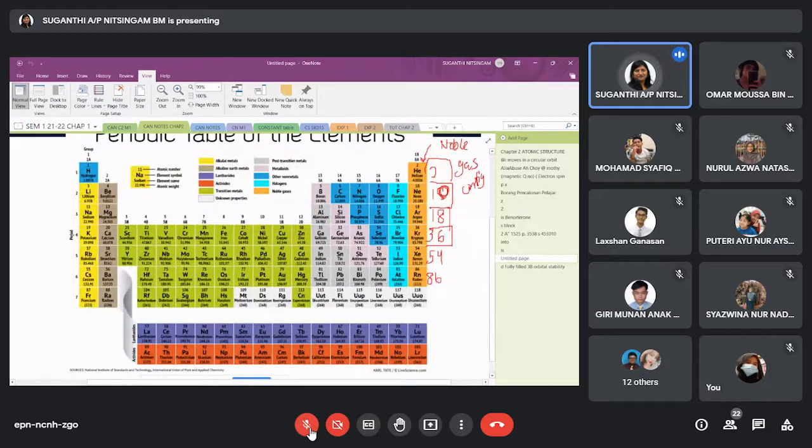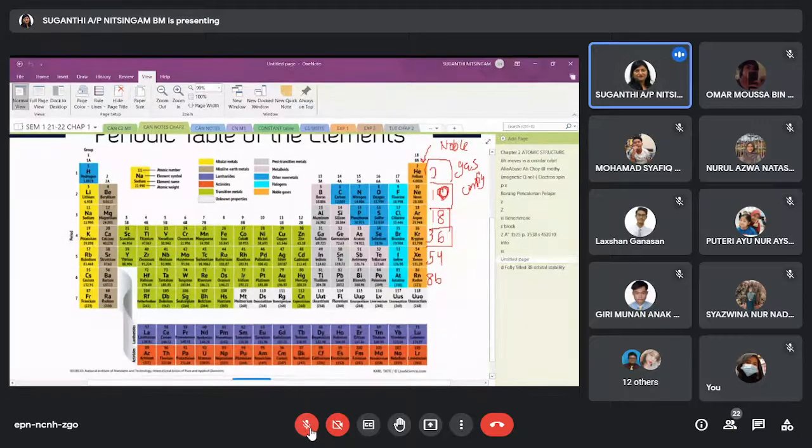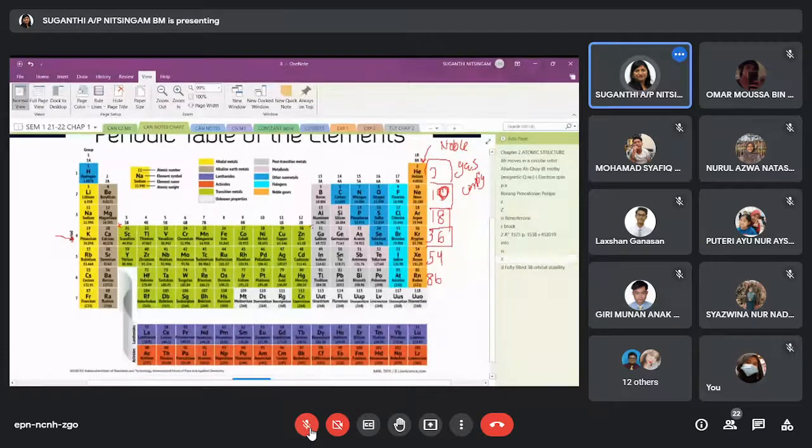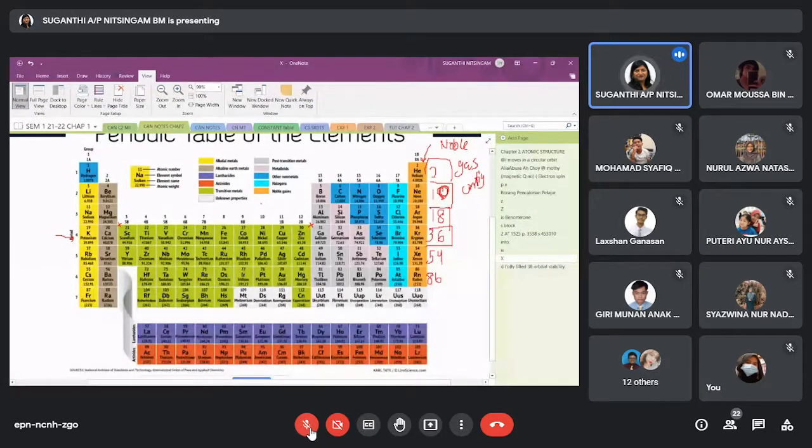Period 4 ni is where the transition metals come in. Ini sehingga ini yang kita panggil transition elements. Transition elements bermula kat period 4.